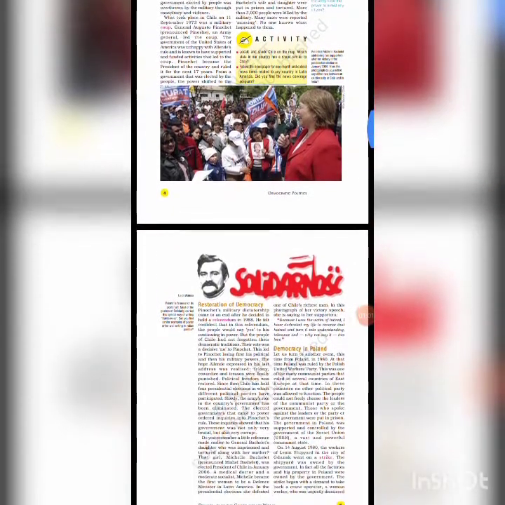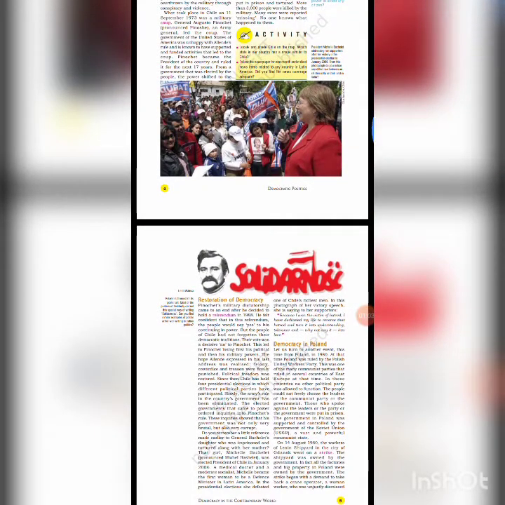Poland was ruled by the Polish United Worker Party, a non-democratic communist government. Some workers led by Lech Walesa went on strike for their just demands. Initially, the government negotiated, but later the ruler General Jaruzelski imposed martial law in the country.